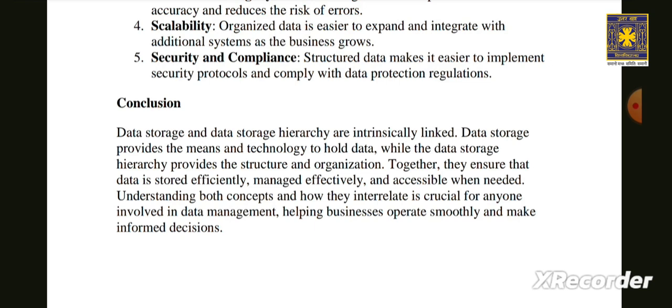By using various storage technologies and organizing data into structured hierarchies, from bits to databases, businesses can ensure efficient operations, enhance performance, maintain data integrity, and comply with security standards. This foundational understanding supports informed decision making and helps businesses adapt and grow in today's digital landscape.